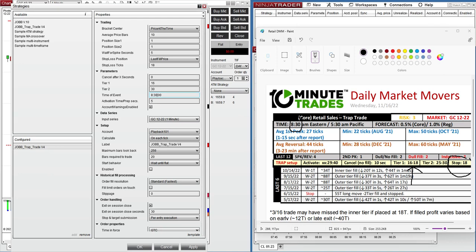We check the activate. And if we get it updated and it just says 5, then you just put a 5 in activation prep, okay? Otherwise, if you look at that time, it means 8:29:40. That's 20 seconds before the news comes out.